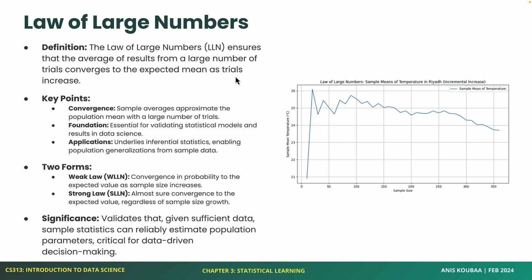The sample mean will converge to the population mean. The average of results from a large sample converges to the expected mean as trials increase, as the dataset increases. The sample averages approximate the population mean with a large number of trials.